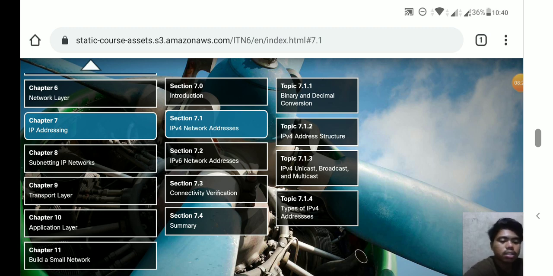Then passive addressing, and we have the coexistence and migration from IPv4 to IPv6 techniques. Nowadays IPv6 technology has arrived in the Philippines. It is now nearly adopted, or properly adopted, or maybe fully adopted by others.